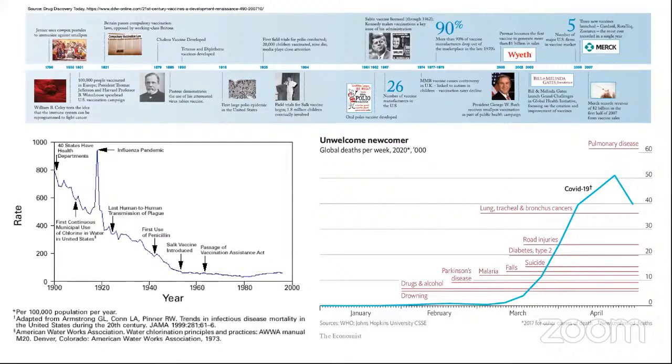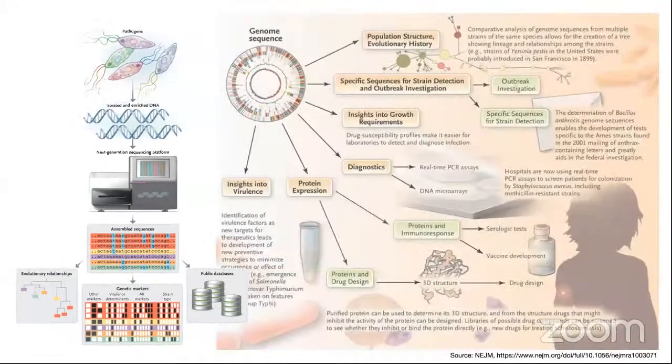So how can similar changes in pathogens ultimately cause another outbreak, and how can we be prepared for that?